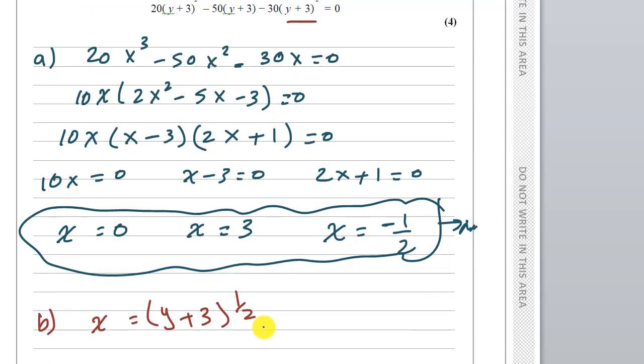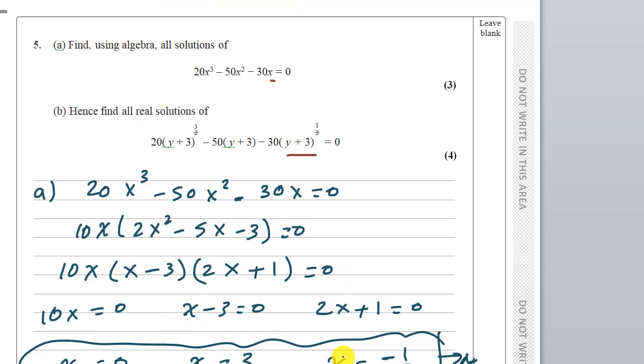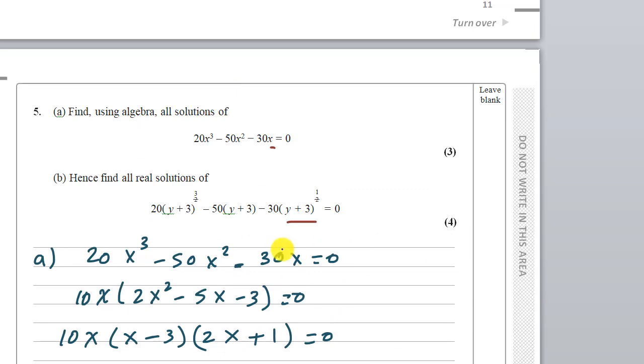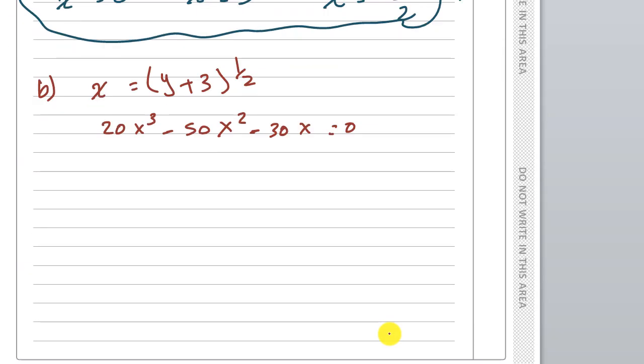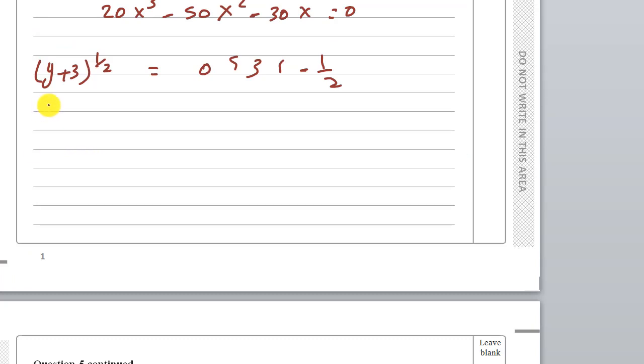So now what is the situation? The equation will be again 20x^3 minus 50x^2 minus 30x is equal to 0, which is the same equation here in the top. So we can add now y plus 3 power half is equal to 0.